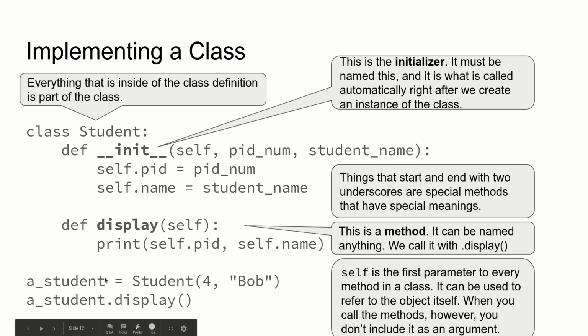So then once I have that object, the student whose ID is 4 and name is Bob, I can do things like call display with it, aStudent.display. That feeds in that student object as self into display so that it would print out 4 and Bob as the result from the display method.